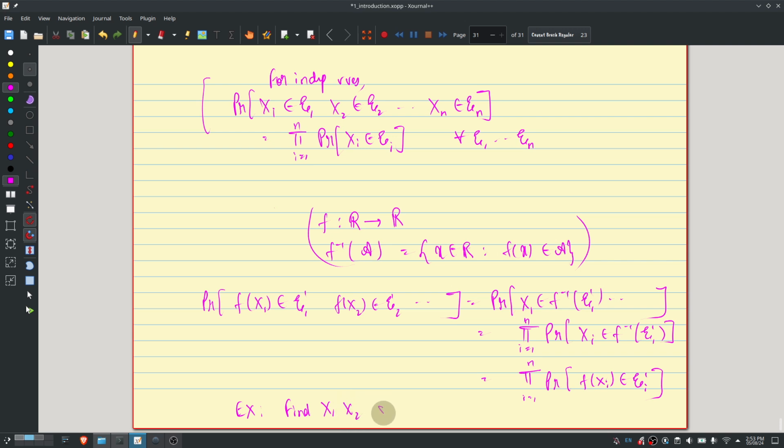Find X1, X2 such that expectation of X1 X2 equals expectation of X1 times expectation of X2, but this does not hold for f of X1, f of X2. Find two random variables X1, X2 such that X1 and X2 are uncorrelated but not independent, but f of X1 and f of X2 are not uncorrelated.